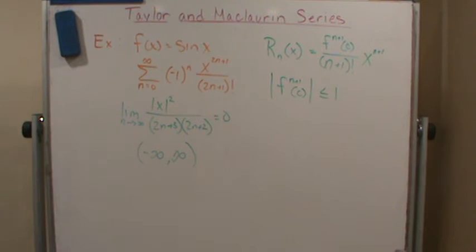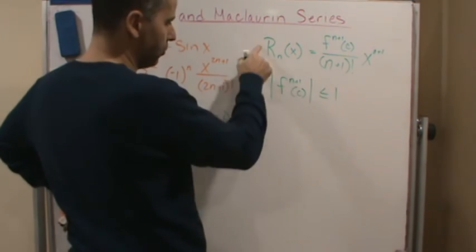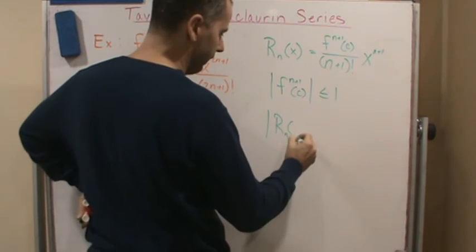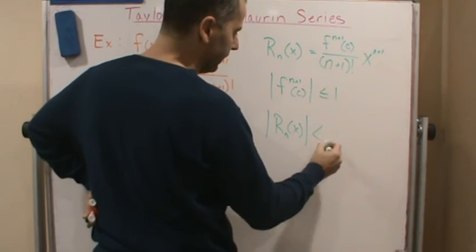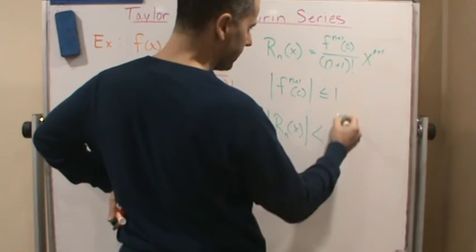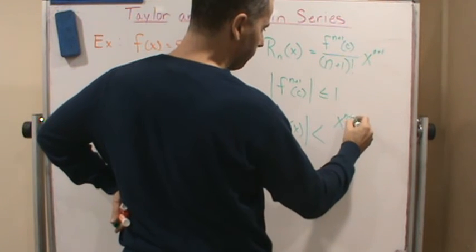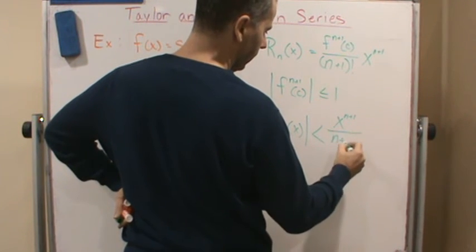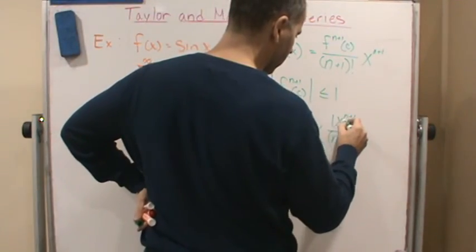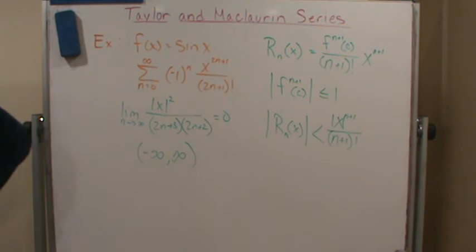So that means we can put these two together and say, if I take the absolute value of R sub n of x, that has to be less than the absolute value of x to the n plus 1 power over n plus 1 factorial. And that's true for all real numbers x.